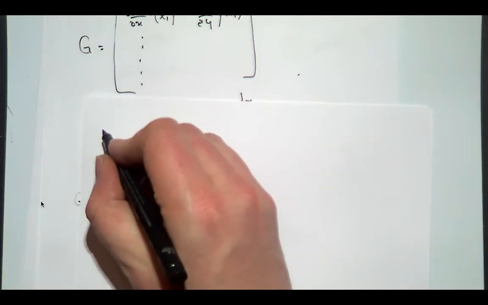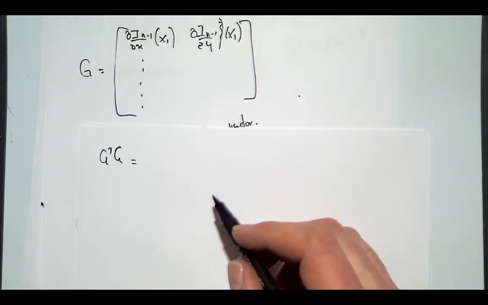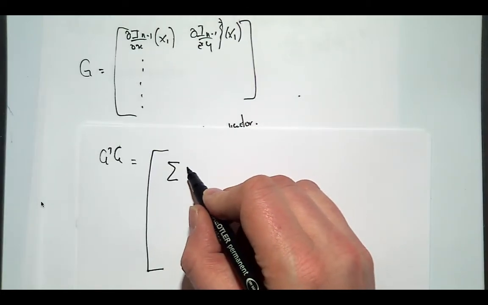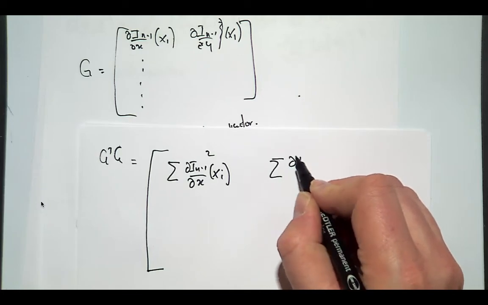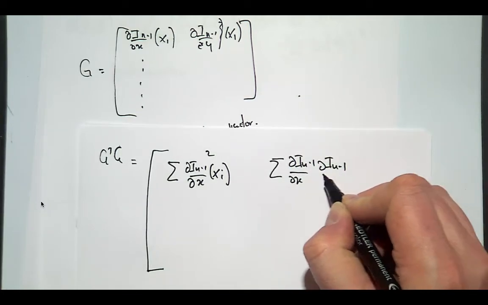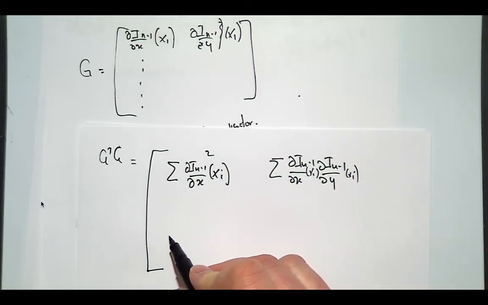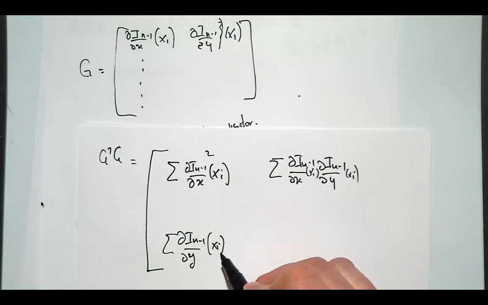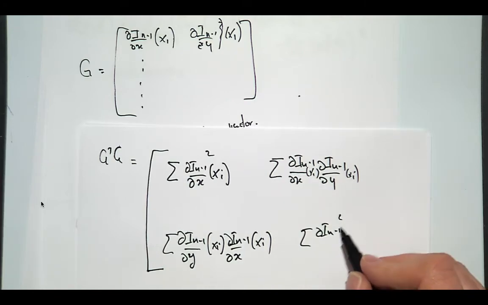So I'll just write down the equation here exactly for what G transpose G is, because this is the matrix you have to invert.